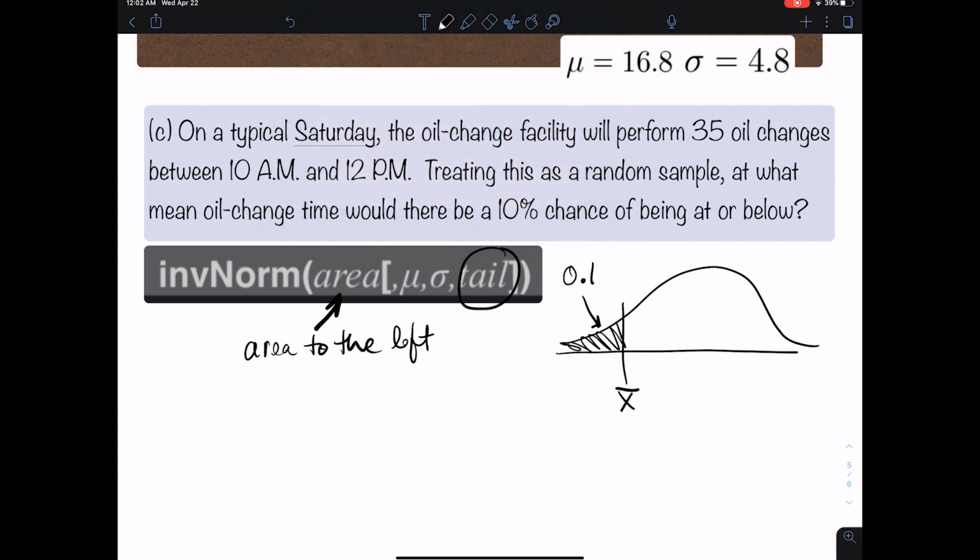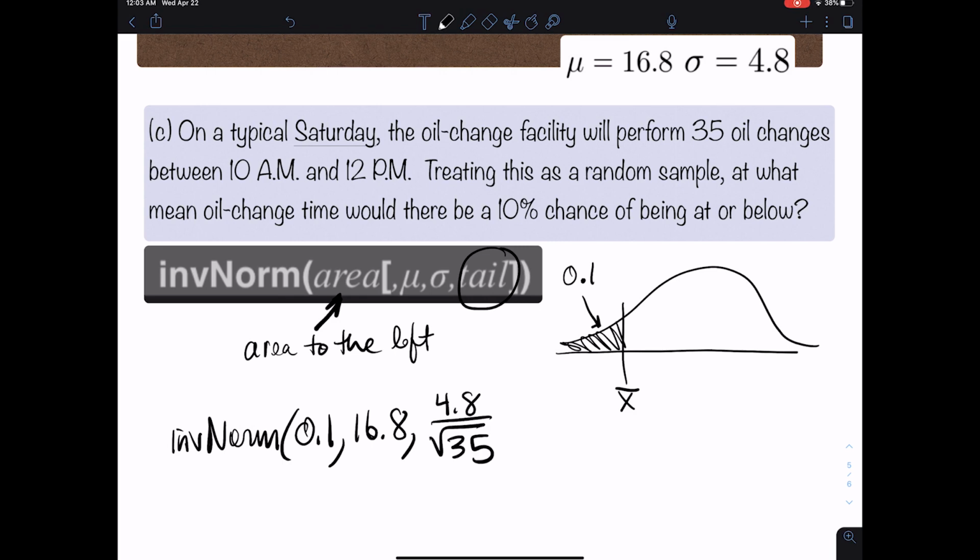So we're going to plug in inverse norm, 0.1, the mean, which is 16.8, and the standard error, which was 4.8 divided by square root of 35, and that's it. That's all you do to find the answer to this question, which wants to know this mean oil change time for 35 oil changes.